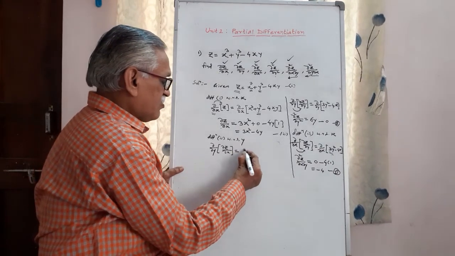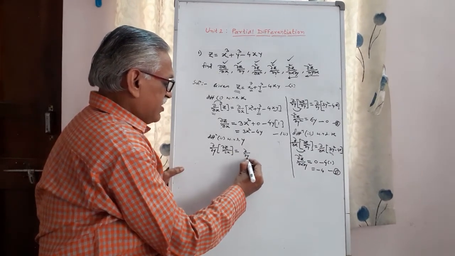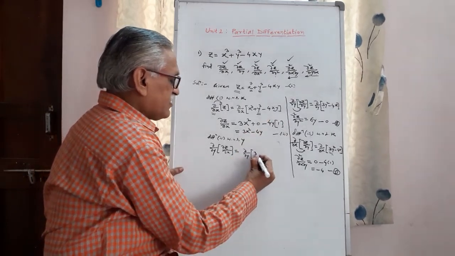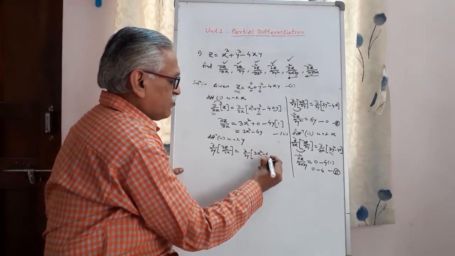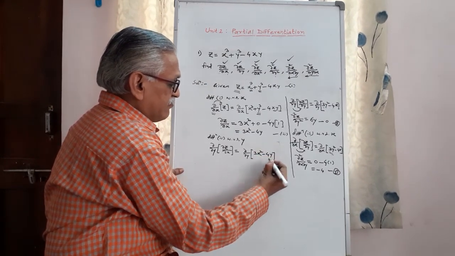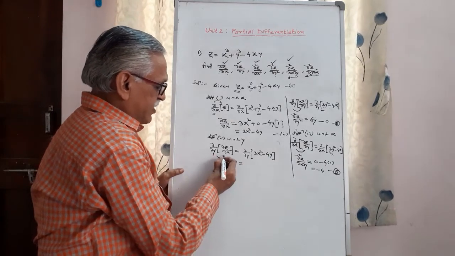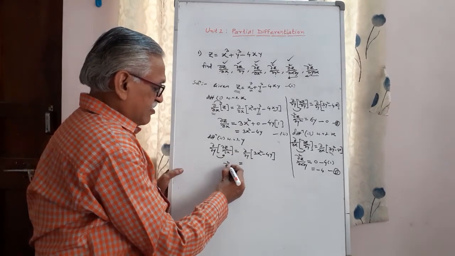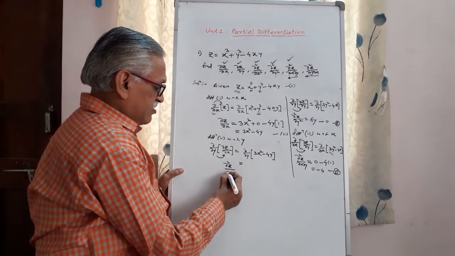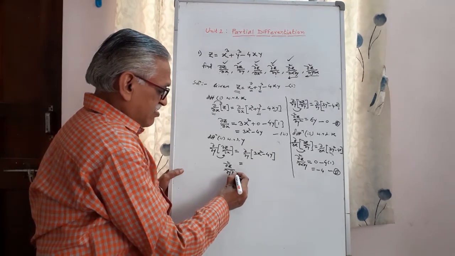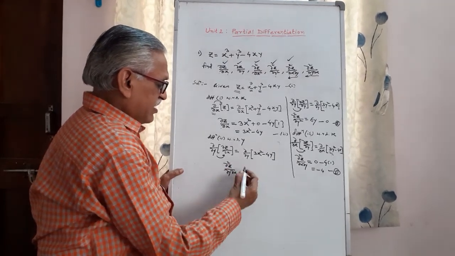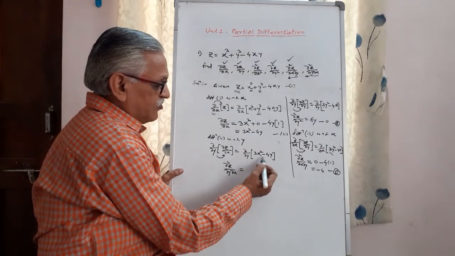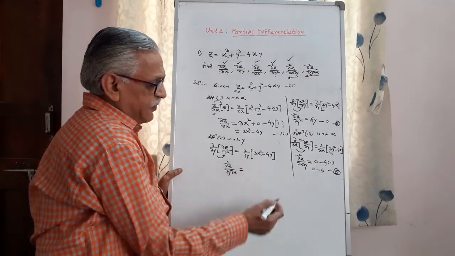and it is equal to ∂/∂y of the right hand side term. What is the right hand side term? It is 3x² minus 4y. When you operate, it becomes ∂²z/∂y∂x, and that is equal to differentiating all the terms with respect to y, keeping x constant.